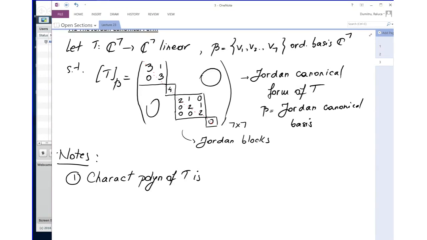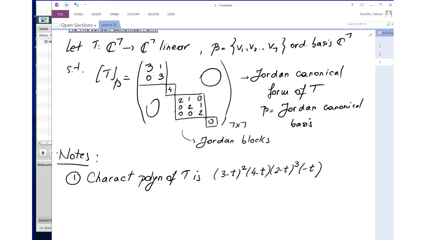So when I subtract t from the main diagonal, its determinant is very nice and easy. It's just going to be (3 minus t) squared times (4 minus t) times (2 minus t) cubed, and the last one is 0 minus t, so negative t, right?